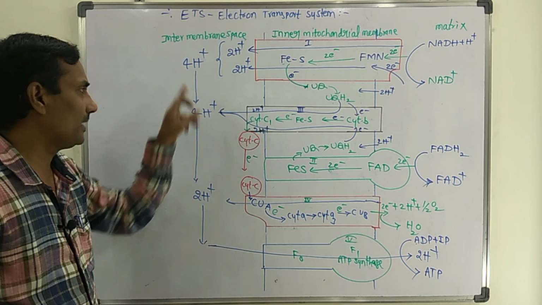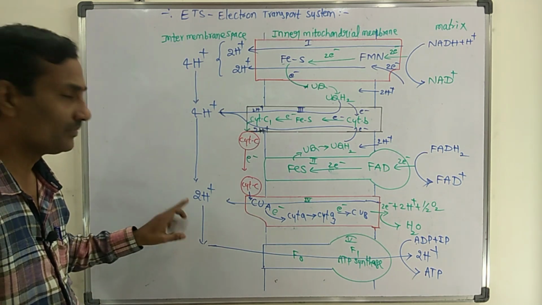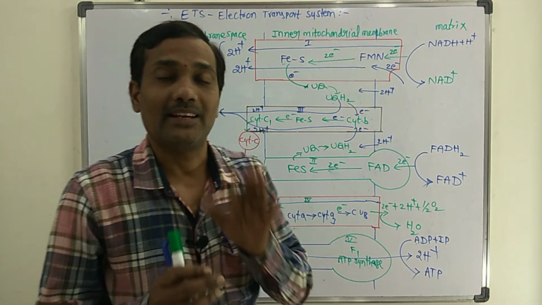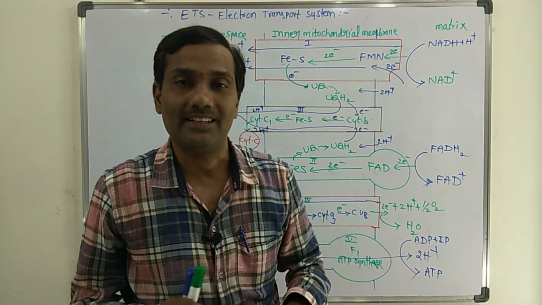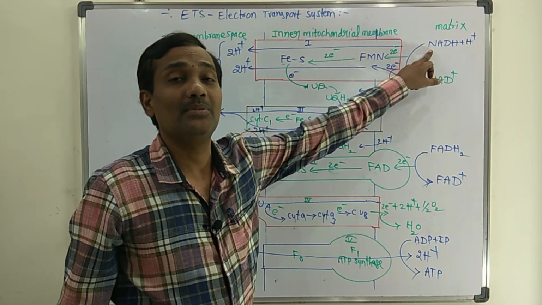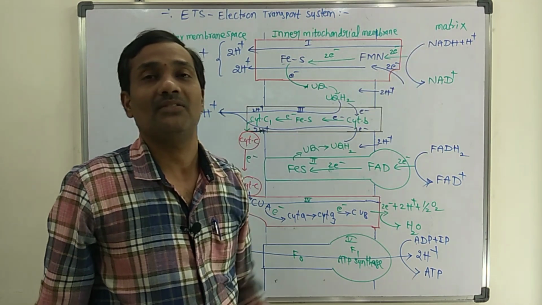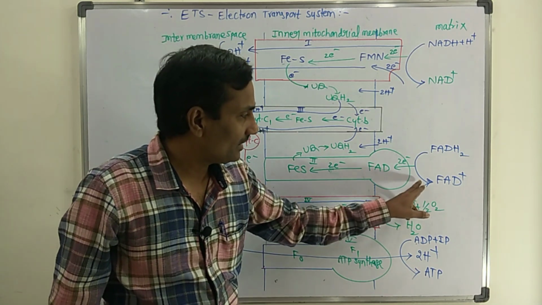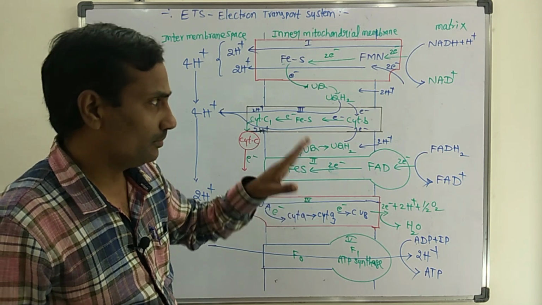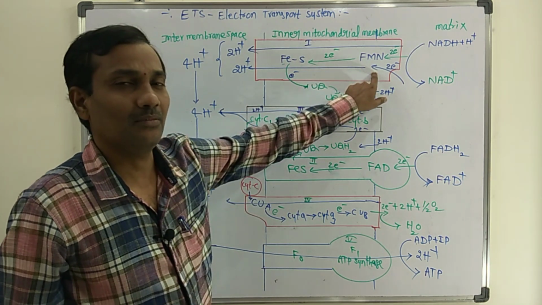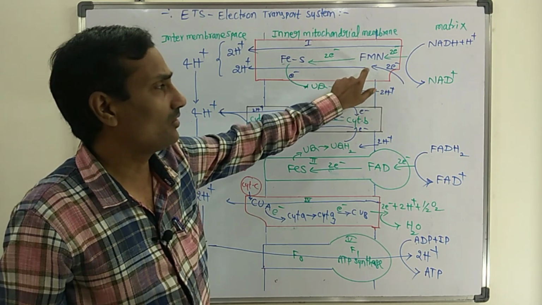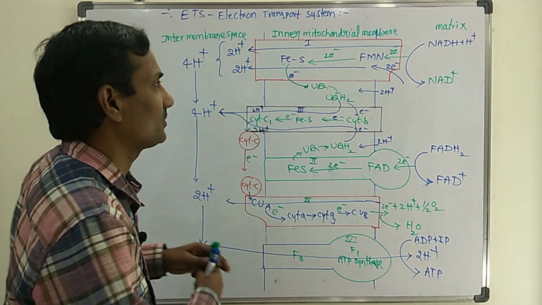But here 4 plus 4 plus 2, 10 protons are there. If 10 protons pass, it leads to formation of 5 ATPs. 3 ATPs are formed because of oxidation of NADH, and 2 ATPs are formed because of oxidation of FADH2, because of the extra hydrogen acceptor present in complex 1.